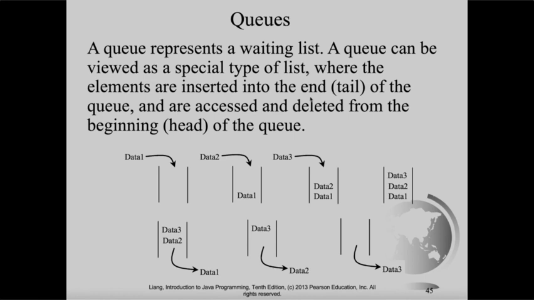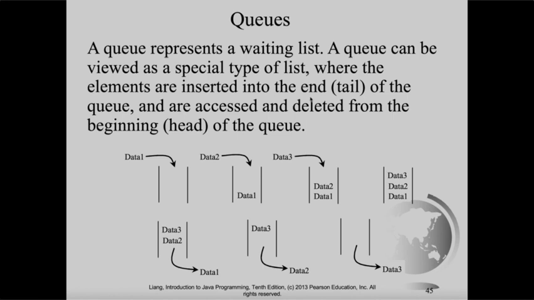Here data 1 is the first element to go into this queue. It goes to the beginning because nobody is in the list. But when data 2 comes, since data 1 is already in the line, it has to go to the back of the line, behind data 1. Data 3 comes and has to stay behind data 2. So the order was data 1, data 2, data 3.